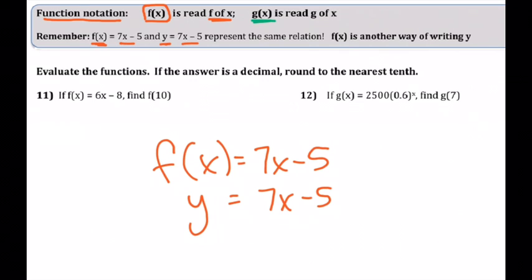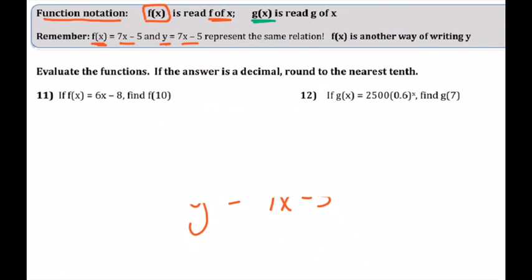But as we start learning about functions and we start understanding, this is actually giving us a set of directions for what we're supposed to do. It's kind of like, depending on what you're looking at, you're going to use a different word. Like you're going to use independent variable or you're going to use input depending on what you're looking at. So if we're talking about functions, we use function notation because it gives us directions. It tells us what we're supposed to do, okay?